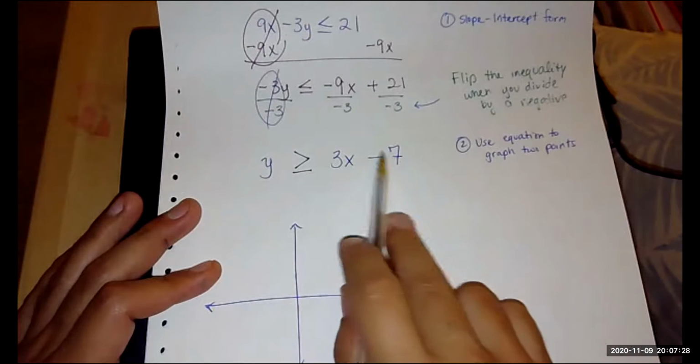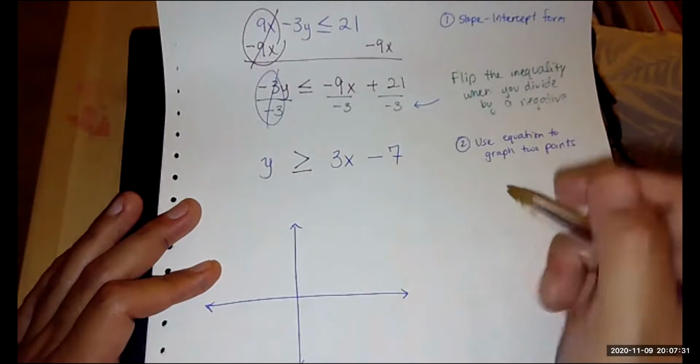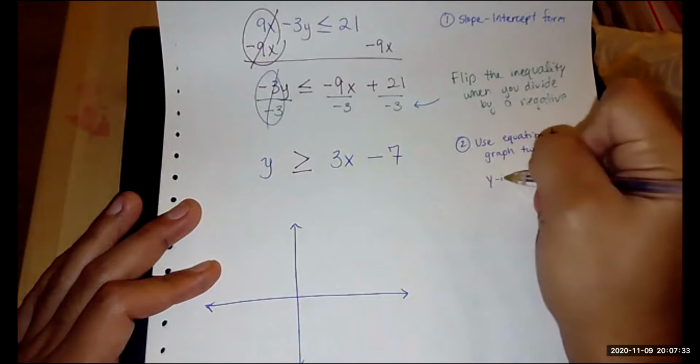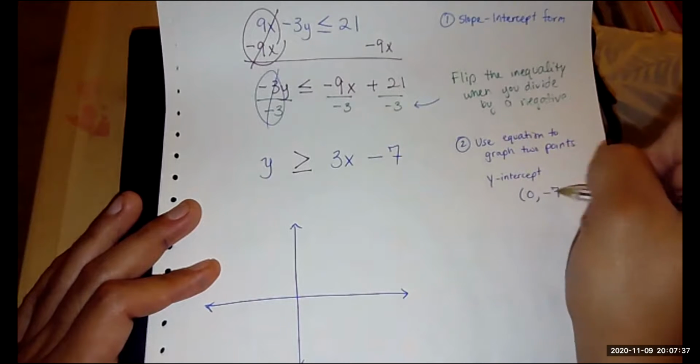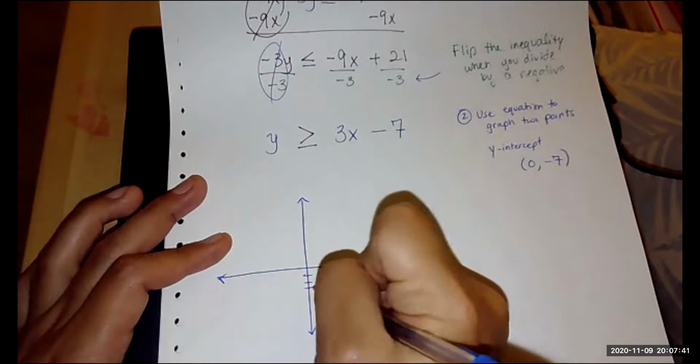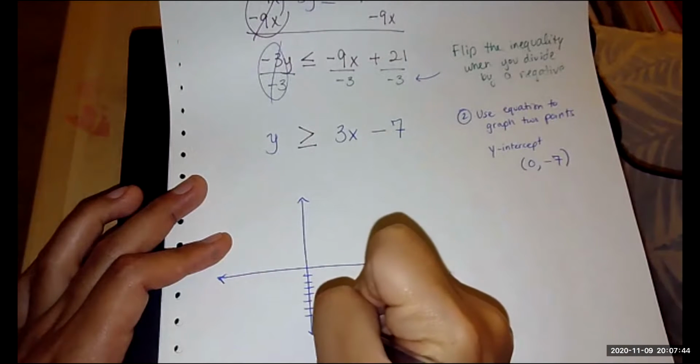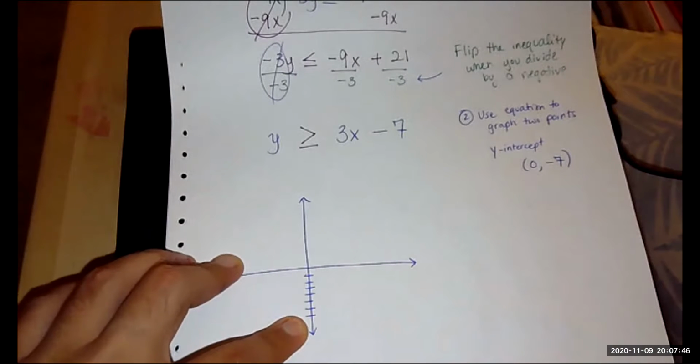And we know that -7 is the y-intercept. So the y-intercept is (0, -7). So I'm going to go down 1, 2, 3, 4, 5, 6, 7. And that's where I'm going to put my first point.